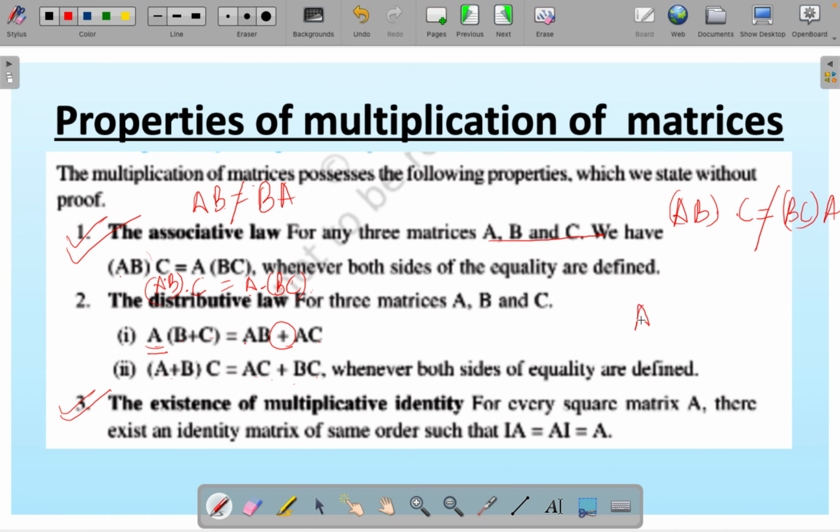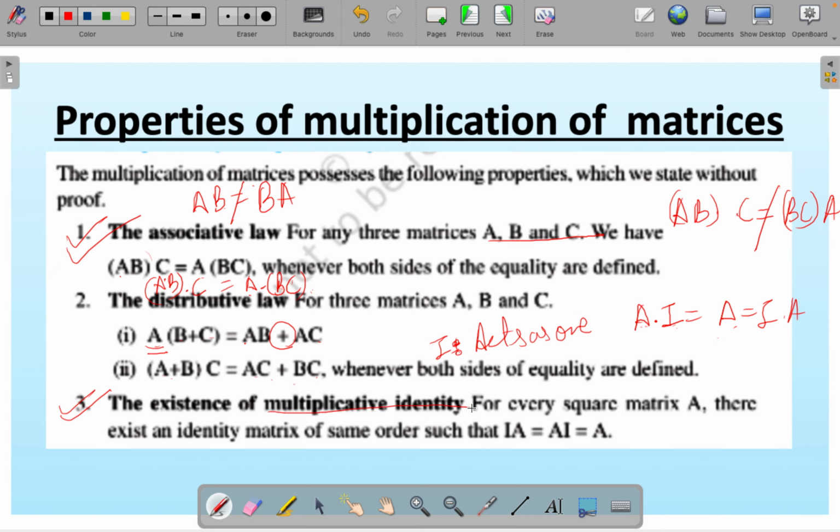Okay. Now the third one and an important one, the existence of multiplicative identity. What should you multiply with A so that my answer will be A? In matrices, the one is denoted by the identity matrix. So if I multiply A with I, I meaning the identity matrix, in a matrix I acts as one, so you should always remember that I acts as one in case of matrices. So A into I will give you A, or I into A will also give you A. So I is known as the multiplicative identity.